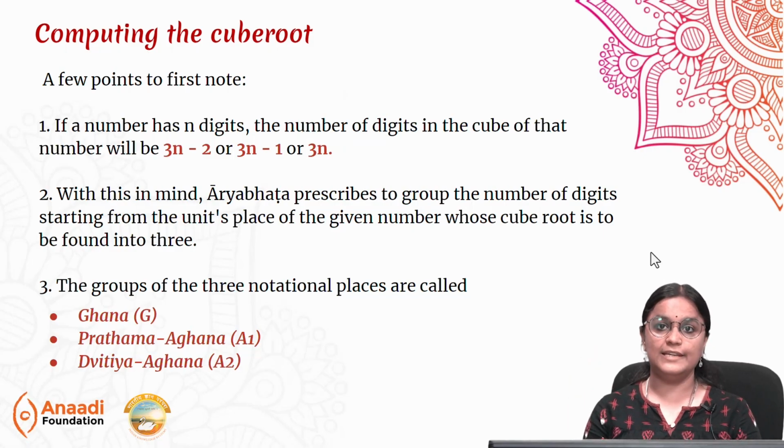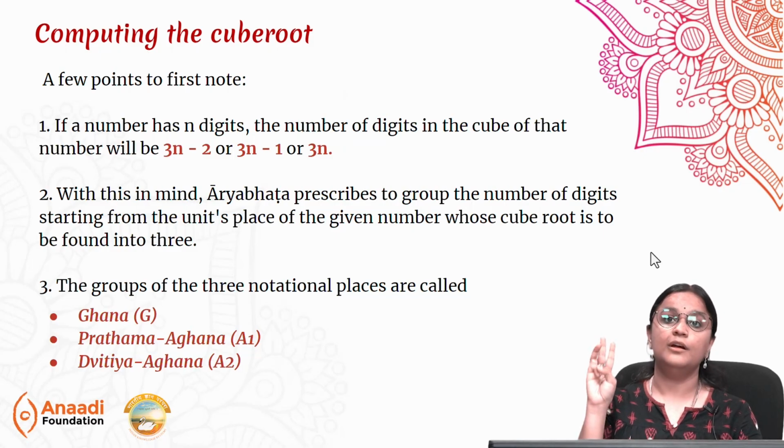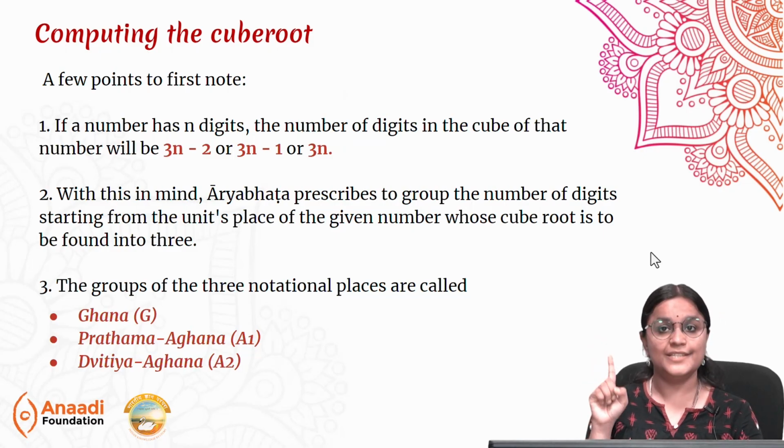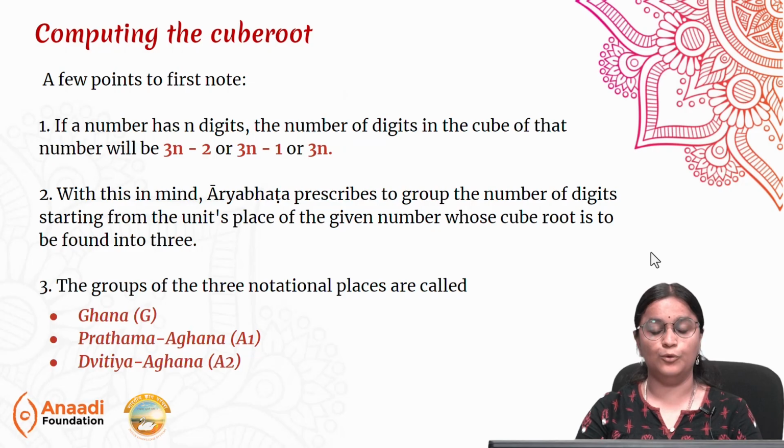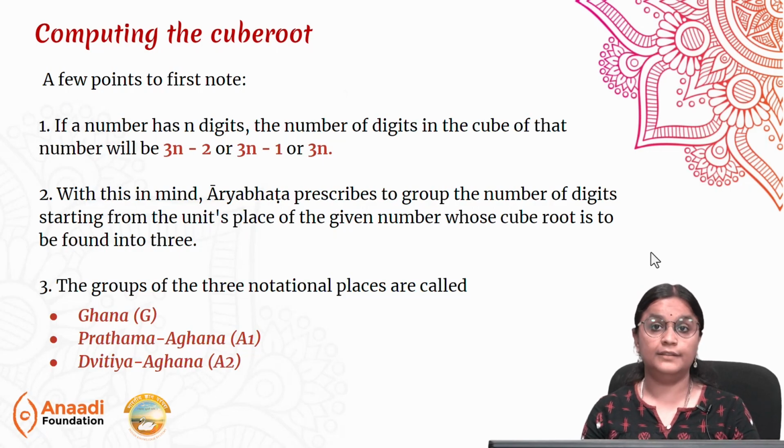So, we can see that a single digit number can have a 3-digit number, 2-digit number or a single digit number for its cube. So, if a number has n digits, the number of digits in its cube which are possible will be 3n, 3n minus 1 or 3n minus 2.